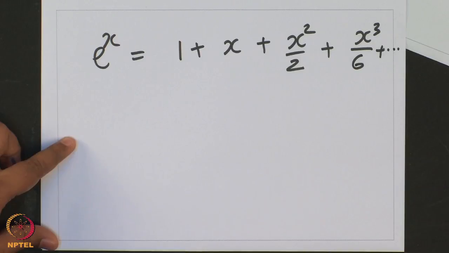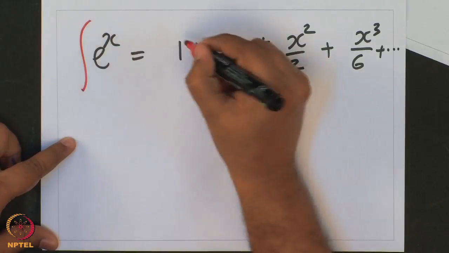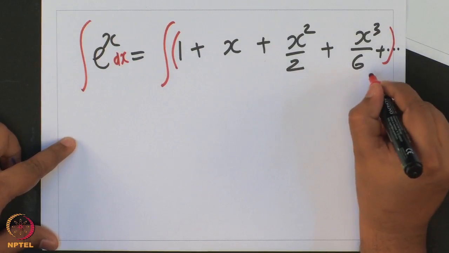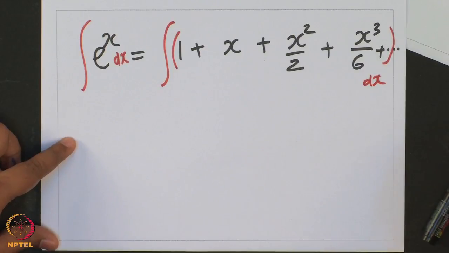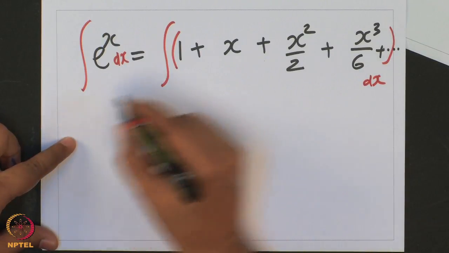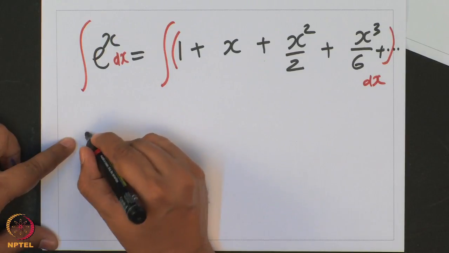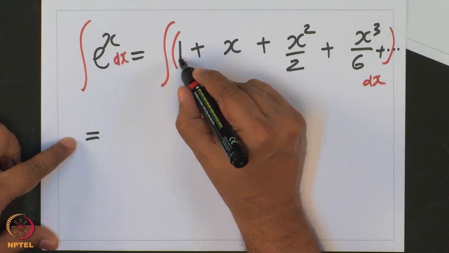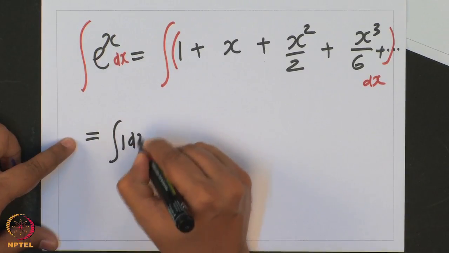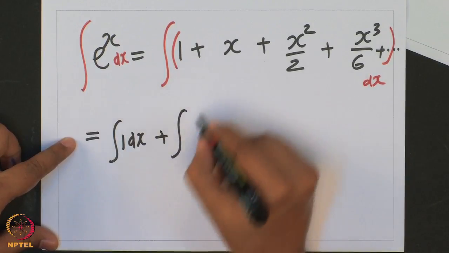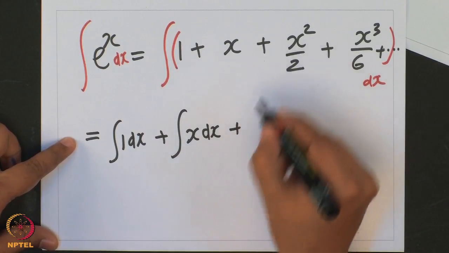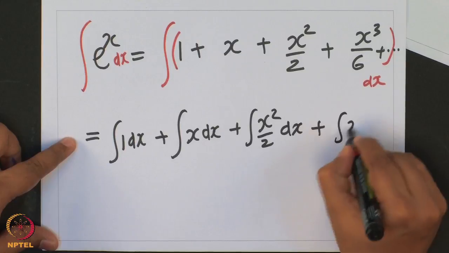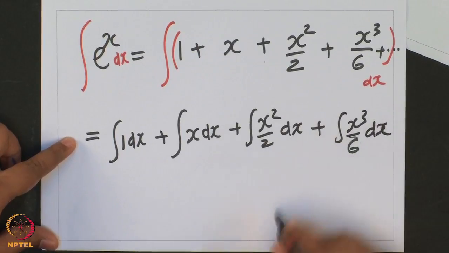Now if I want to integrate this, I have to integrate on both sides, integral dx on both sides. Now, the answer will be the integral of term by term. So the first is integral 1 dx, plus integral x dx, plus integral x square by 2 dx, plus integral x cube by 6 dx.